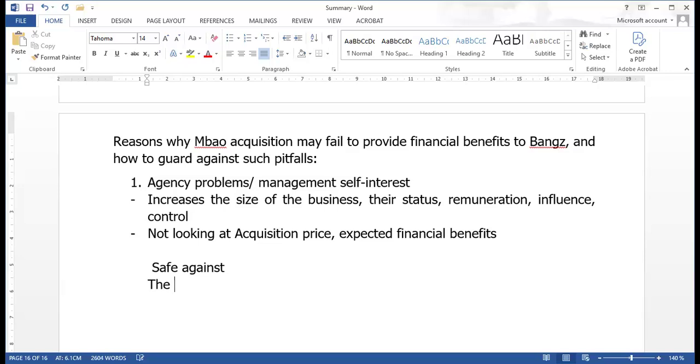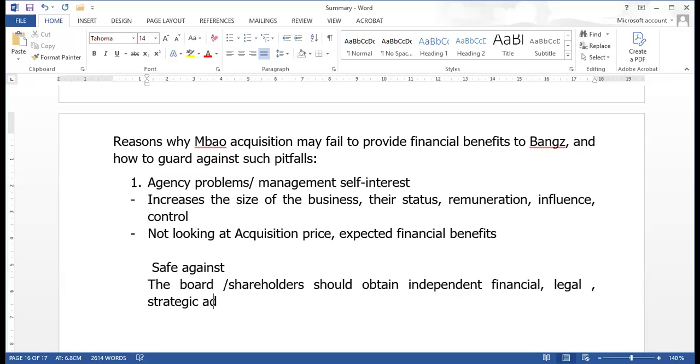Here the board and shareholders should obtain independent financial, legal, or strategic advice before approving the acquisition.